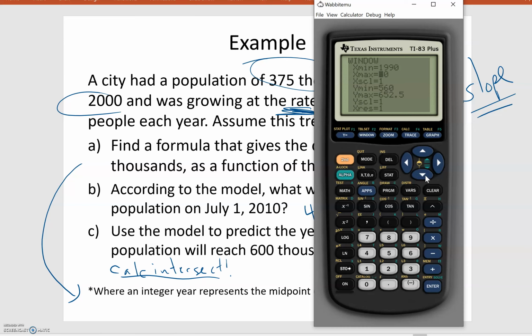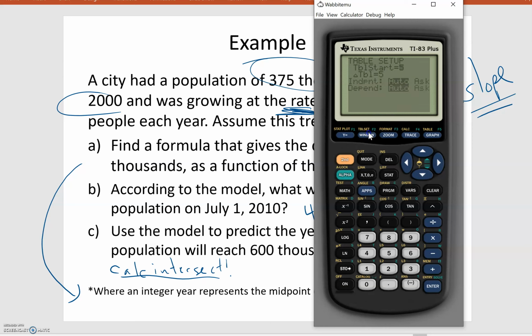And then for my X max, I don't really know. Let's go 2020. And then we can do the table and see if that will do it or not. Now notice with the table, we're really going to have to change our table setting because we're way off.